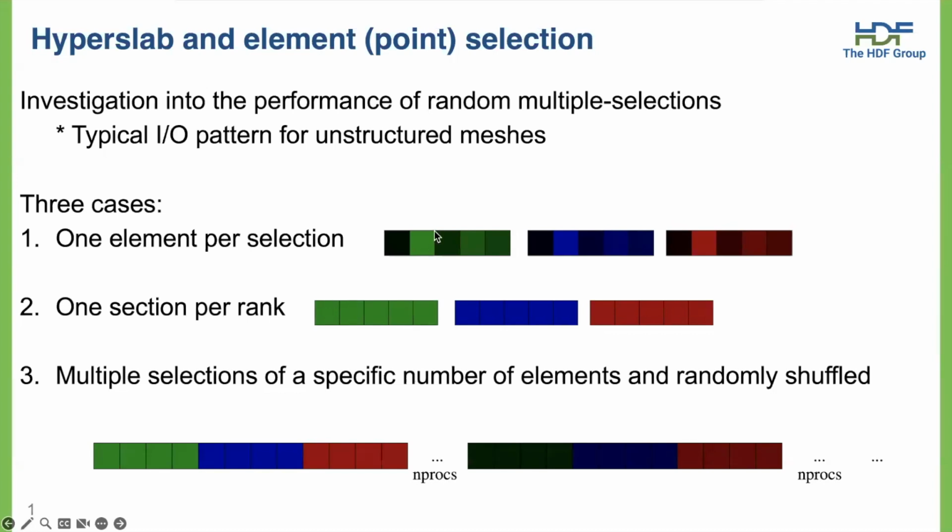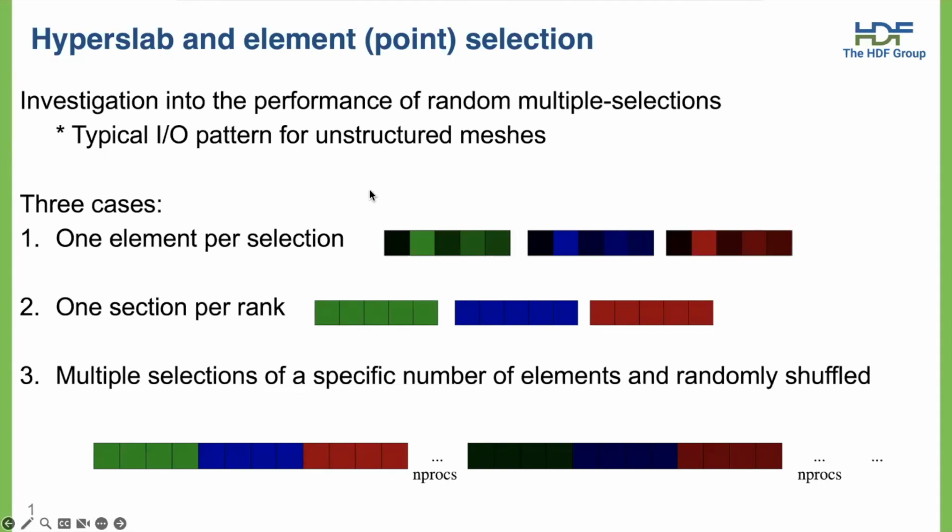My understanding is that randomness gets de-randomized for point selection, because MPI requires them to be in order. So it's going to order those, and the point selection will be contiguous in memory whether it's randomized or not, whereas the hyperslab will not be contiguous.